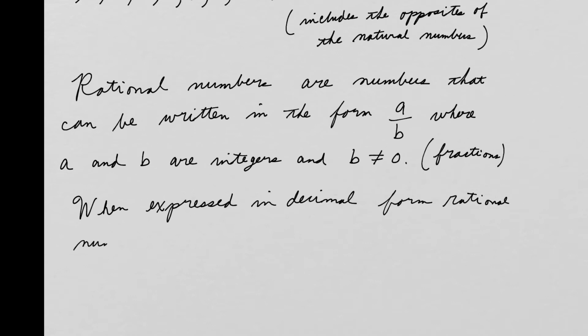So rational numbers, they do one of two things. They either terminate or repeat. Okay, so what does that mean? Well, let's look at an example here.